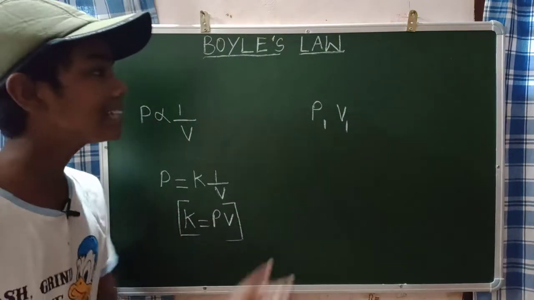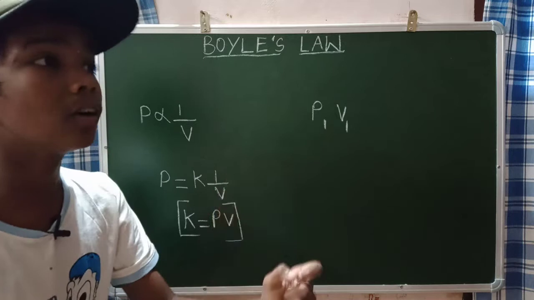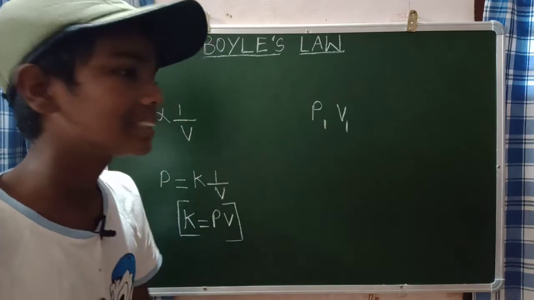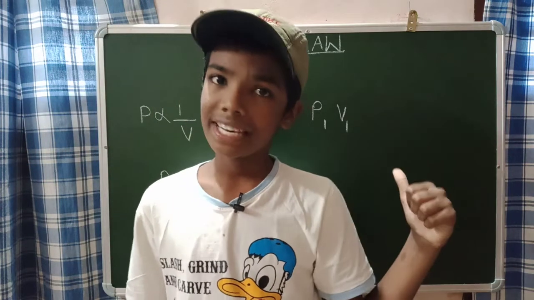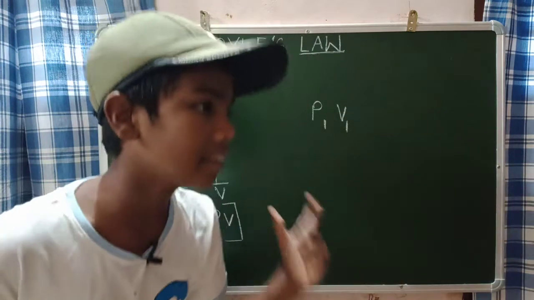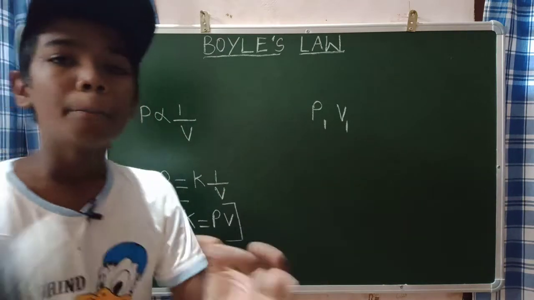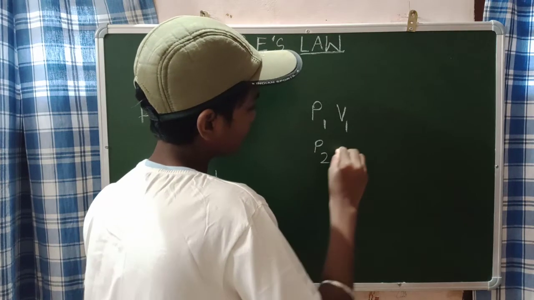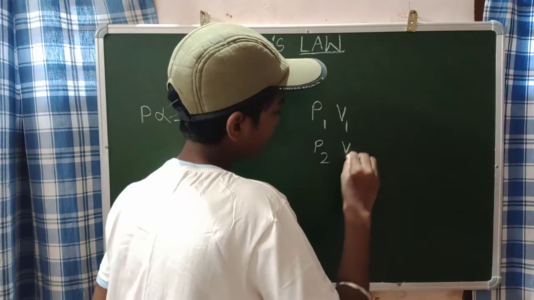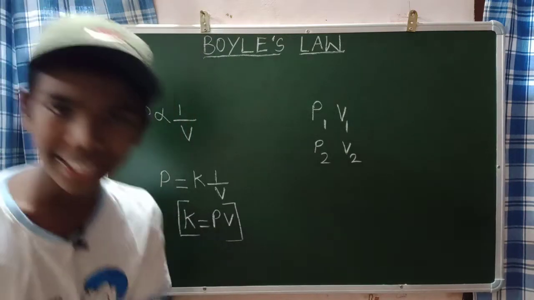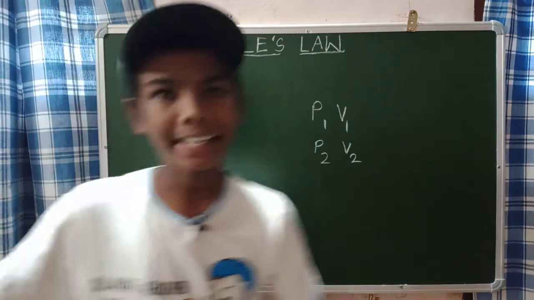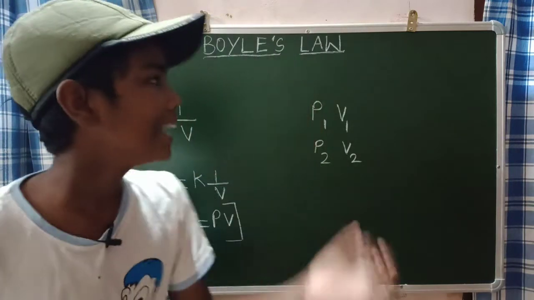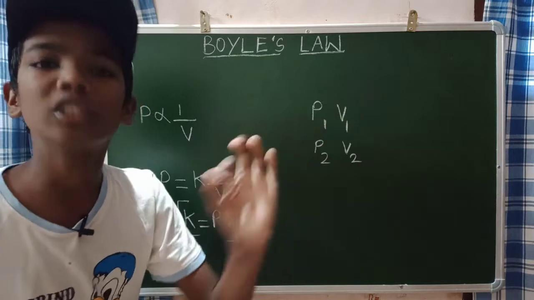Some expansion is happening to that ideal gas, and the pressure is becoming P2 and the volume is becoming V2. So there is an ideal gas with constant temperature and a fixed number of moles. Now the initial pressure is P1, initial volume is V1.